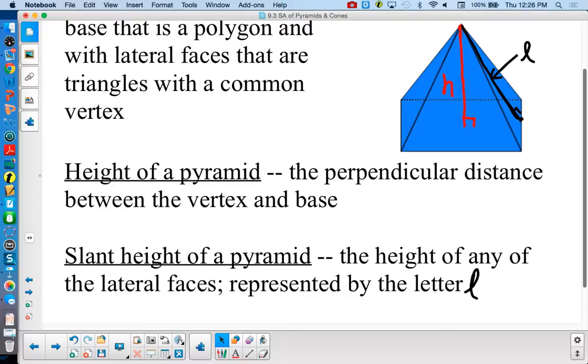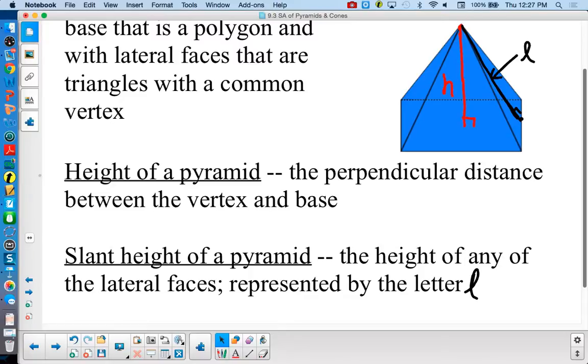A square with 4 triangles, one for each side. Did we draw that one? So while I'm waiting for people to finish their notes, the formula is going to have one base area plus those triangles, which will be 1/2 the perimeter of the base times the slant height. Not the perpendicular height, the slant height.